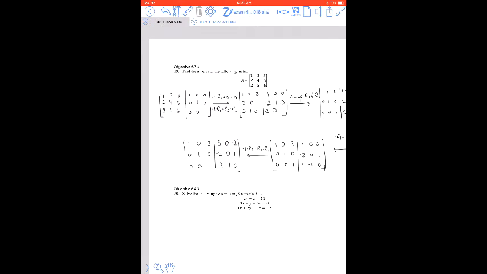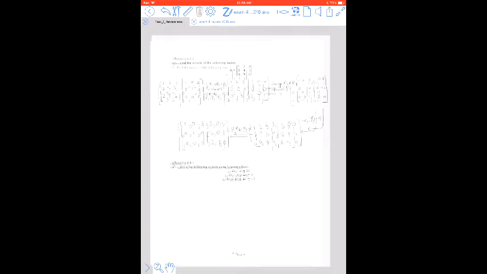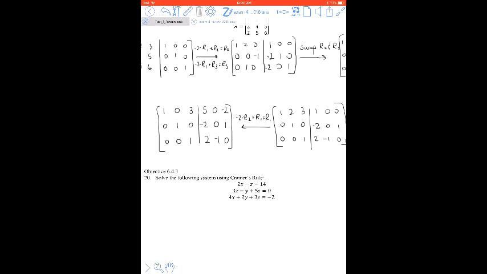Okay, and I'm running out of room here. So the only thing left is to try to get this to be a 0 right there. So I'm going to use this, and I'm going to multiply that by -3, and then add it to row 1 to make that a 0.